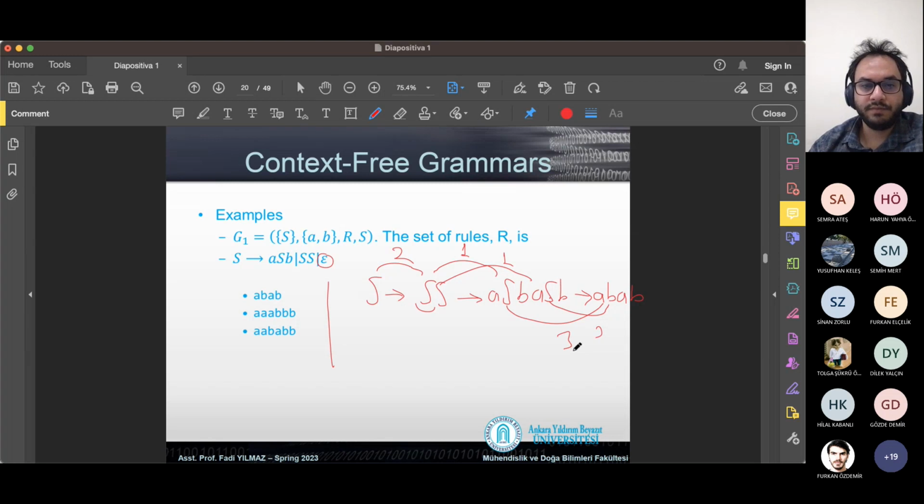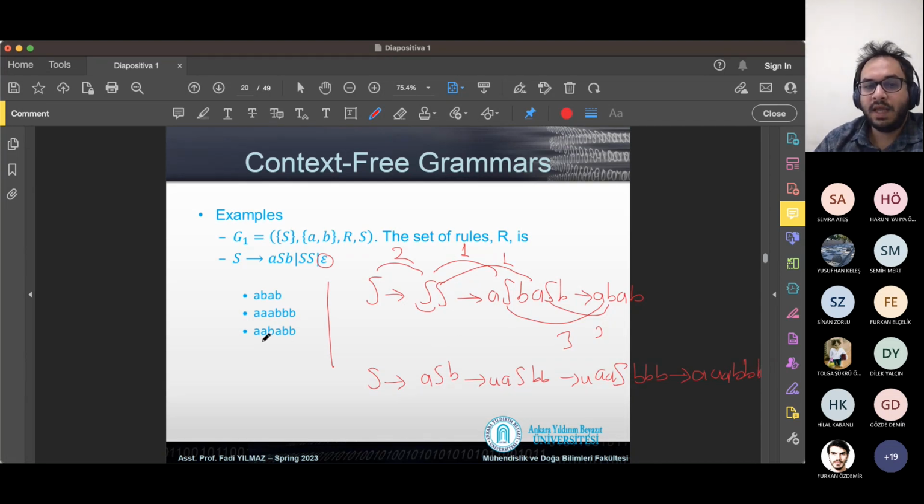So what about the other one? All A's and B. Is that clear, guys? How can I generate AB? To generate this thing, I just need to follow the first rule, and then the first rule again, and then the first rule again, and then the third rule, the last rule. So it's gonna be A, B, B, B. Is that clear, guys?